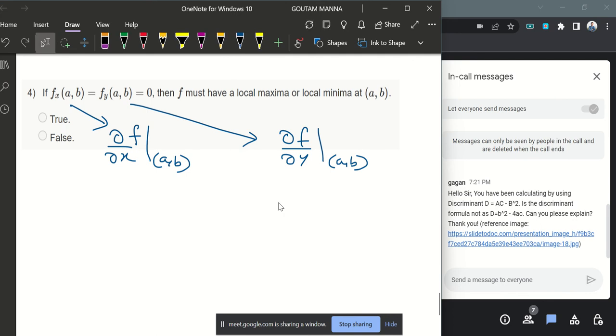It is given that both these partial derivatives at point (a, b) are 0.